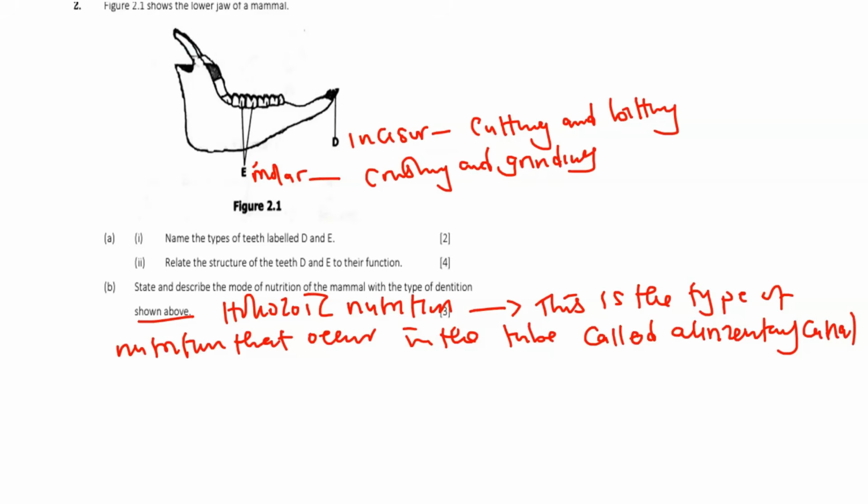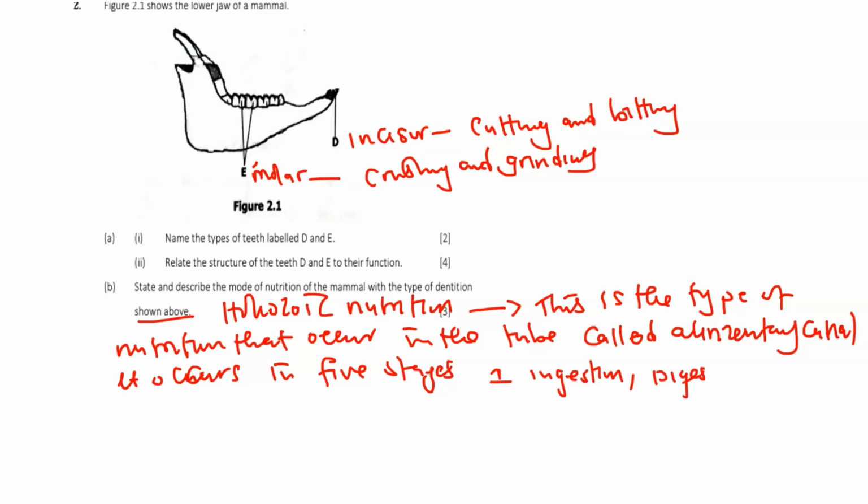And of course we can add it occurs in 5 stages. What are the stages? 1, ingestion. Then digestion. Then absorption, then assimilation, and of course egestion.